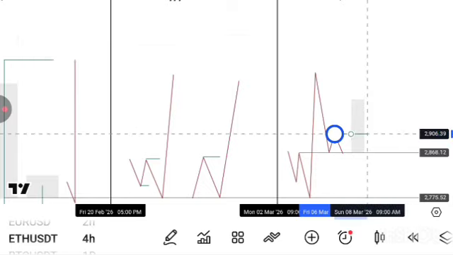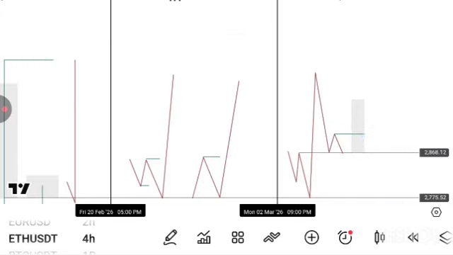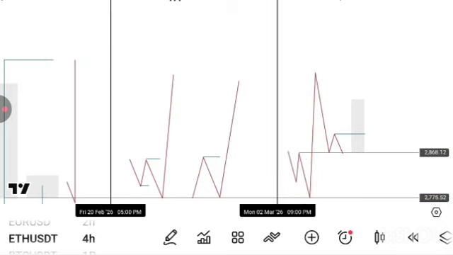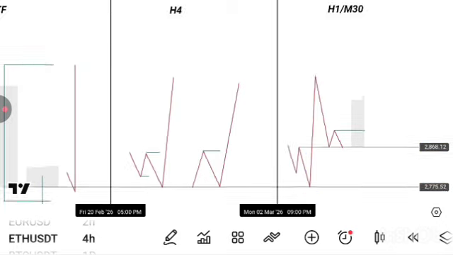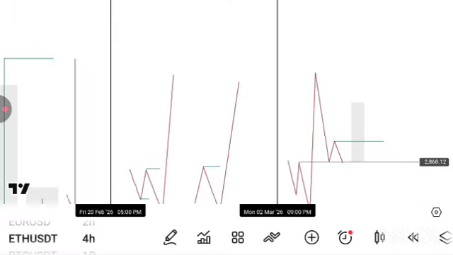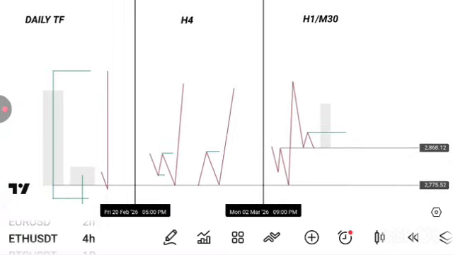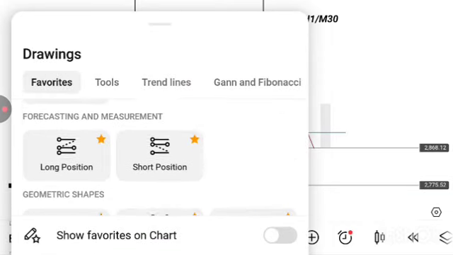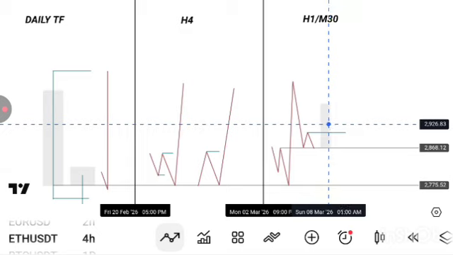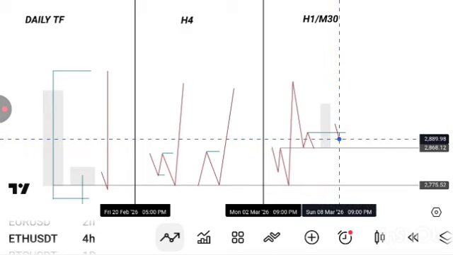I saw that H1 broke out to the direction that H4 time frame has already broken out to, and this confirmed my H4 bias. And what I was just waiting for was that price should return back to my breakout level on the H1 time frame.